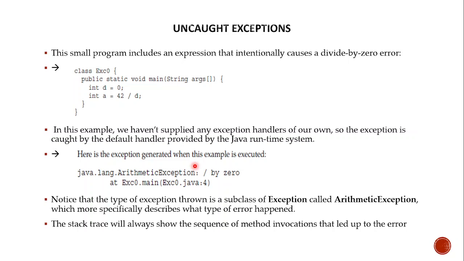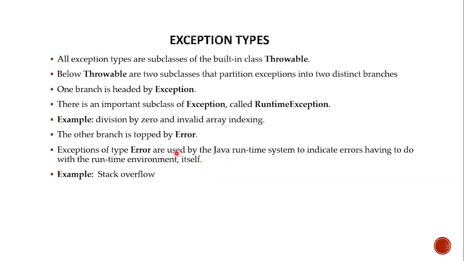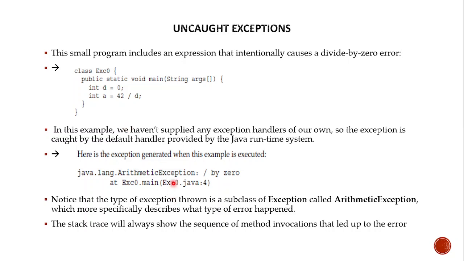We have also taken an example of this. And what is the name of that exception? It is an ArithmeticException. There is an arithmetic error, and that arithmetic error is given by your ArithmeticException.